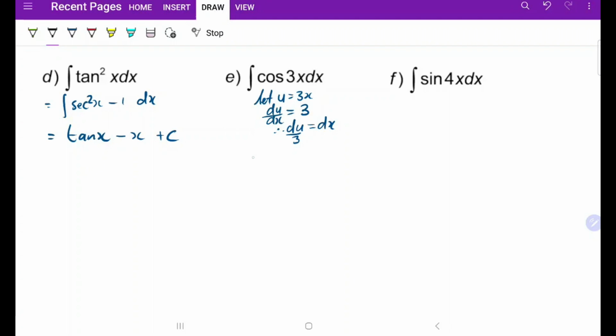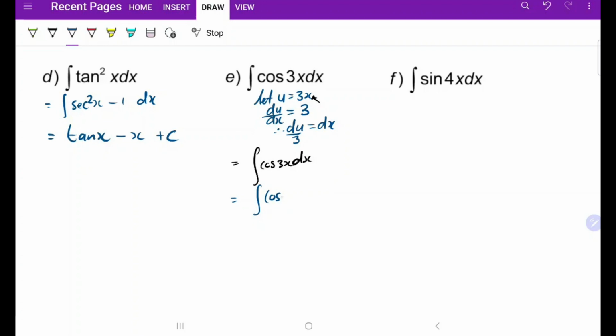So what we'll do, we'll just rewrite the integral now. So this becomes the cos of 3x and then dx. So from here, we are able to see that wherever we find 3x, we can substitute u, and you'll be able to see this quite nicely.